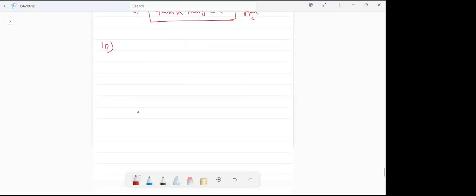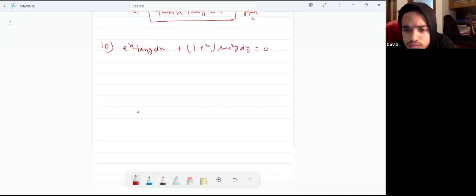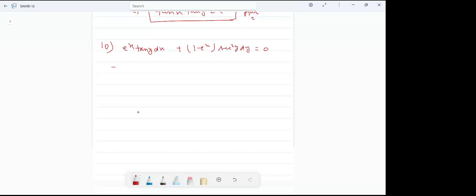It is e to the power x tan y dx plus 1 minus e to the power x, sec square y dy equals 0. Okay. So first what we do, we separate the terms.